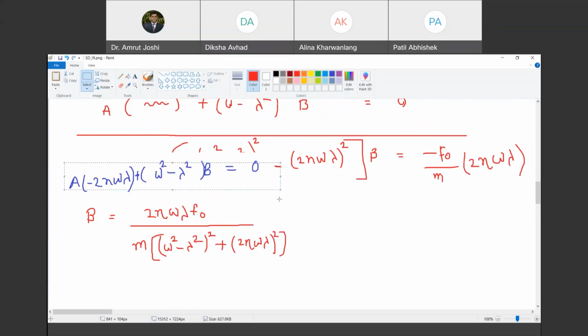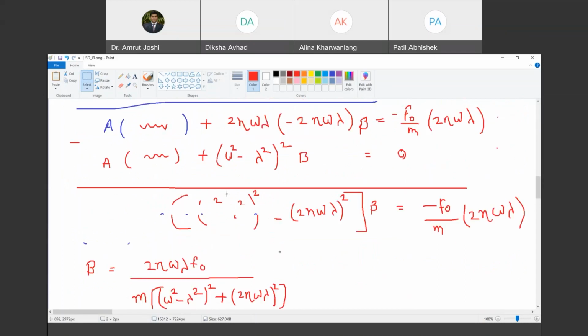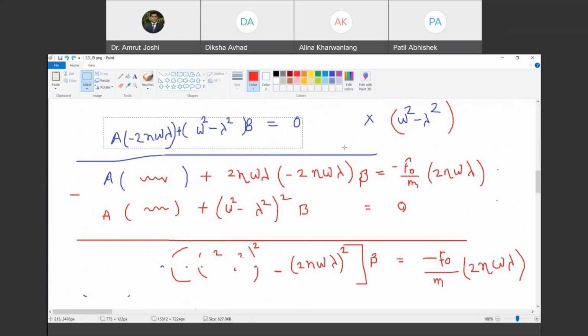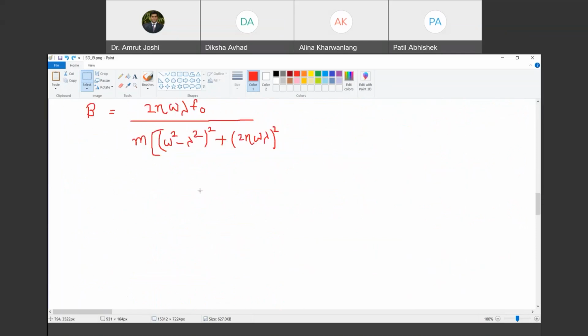And in this equation, I will substitute the value of b. So let us substitute the value of b here. So what do you get?